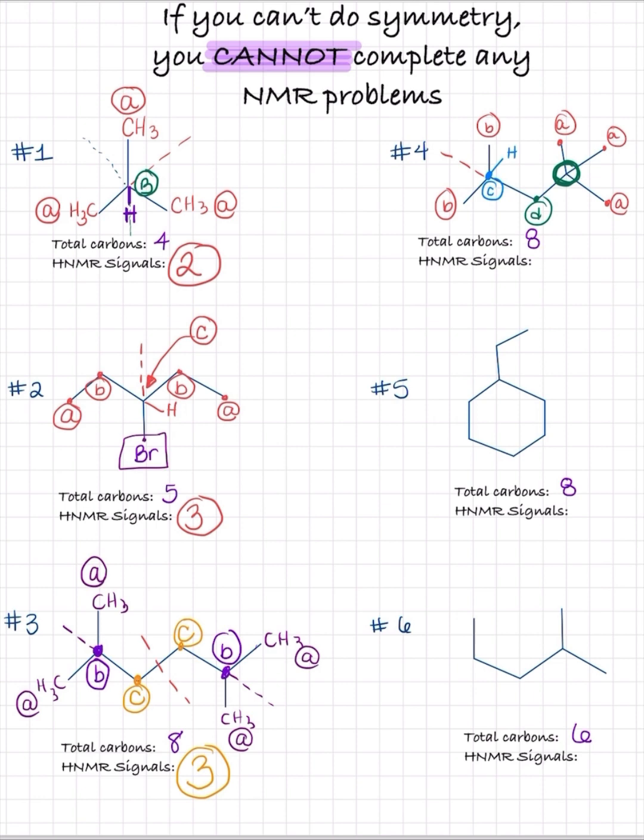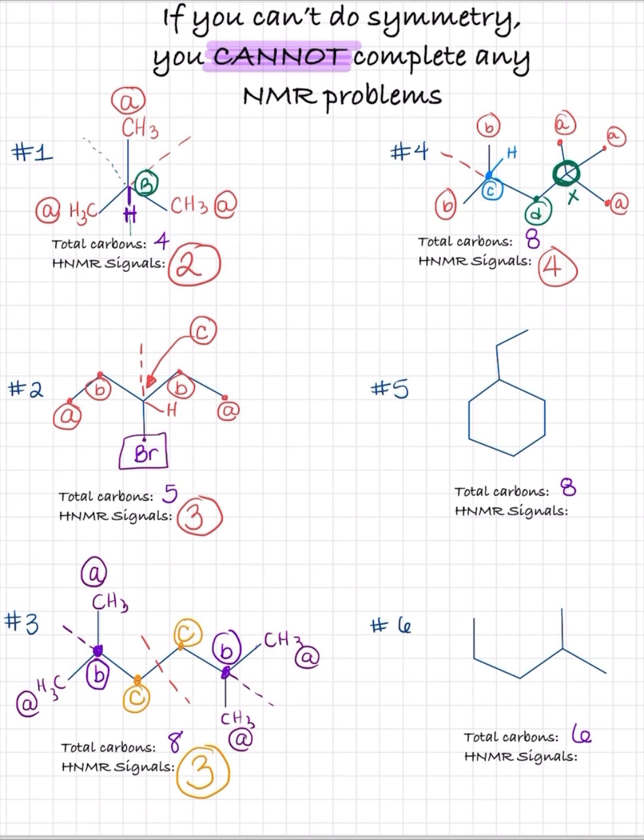No, because HNMR, the chart, the diagram, whatever you want to call it, can only have carbons that have hydrogens on them. Sometimes I like to go through and mark off the carbons that don't have a hydrogen with an X. So really this problem, even though it has 8 carbons, you can count that for yourself to be sure, it's only going to have 4 signals. Yay!